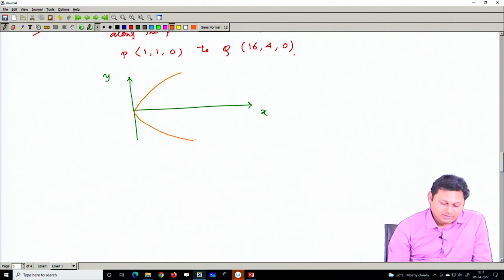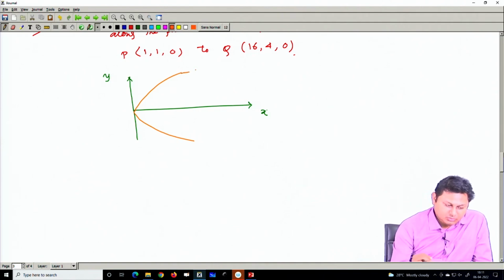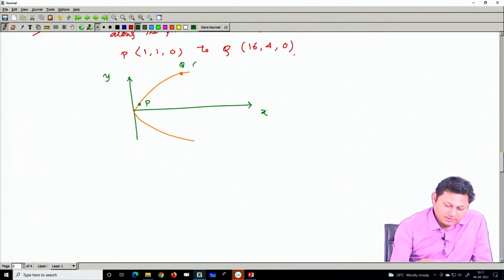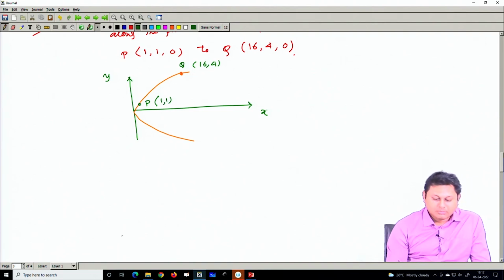Two points are mentioned: this point is Q and another is this point P. The coordinates are 16, 4 and 1, 1. My drawing is not to scale, but you can understand that.